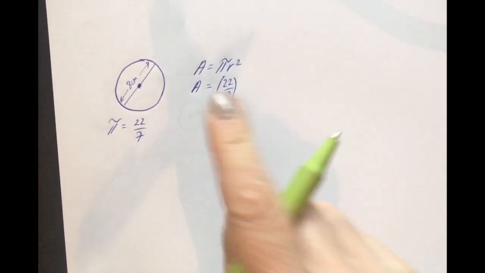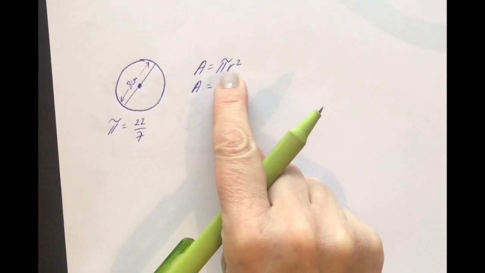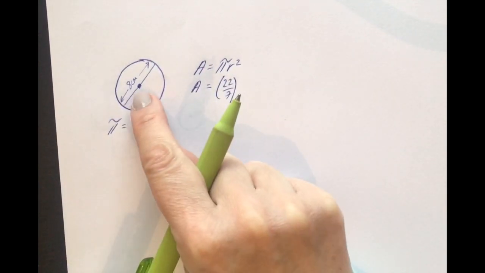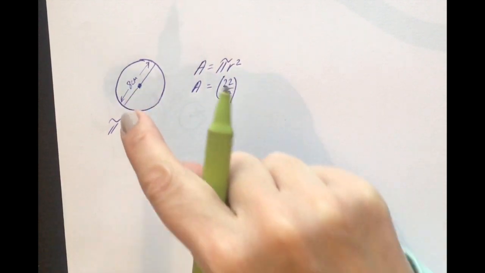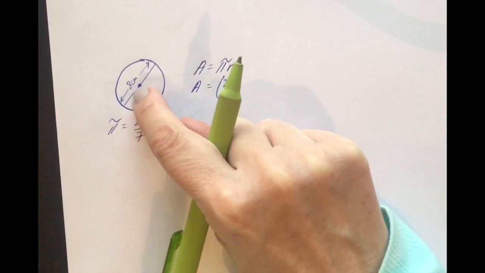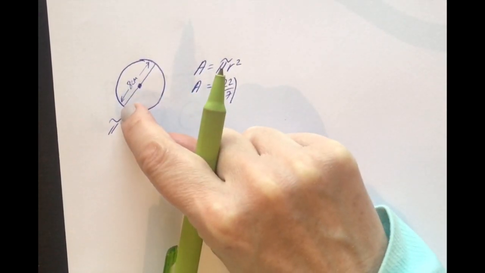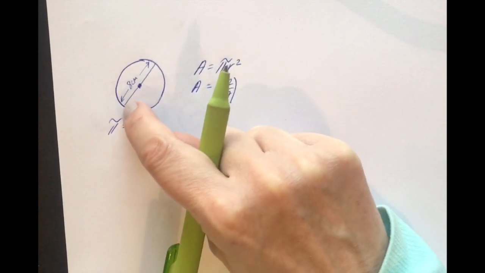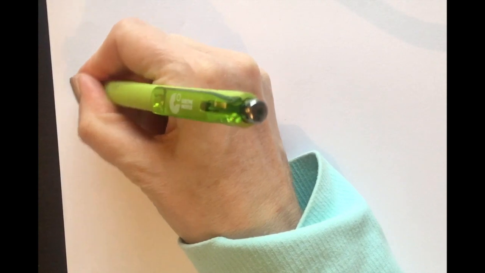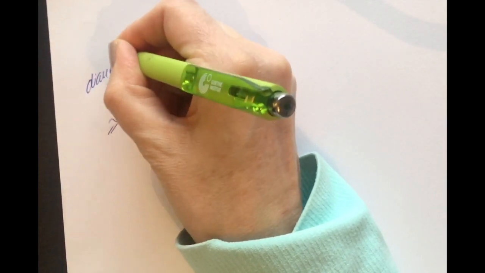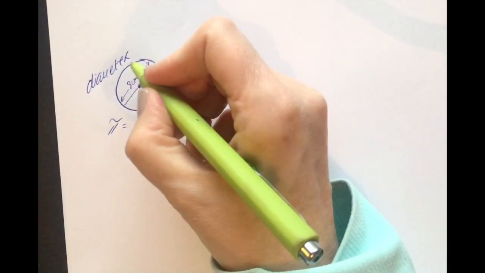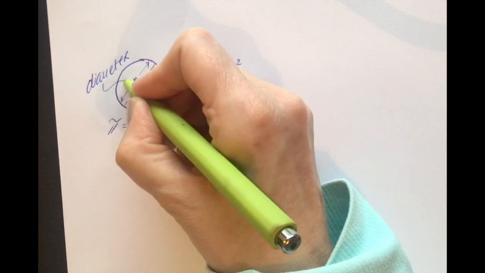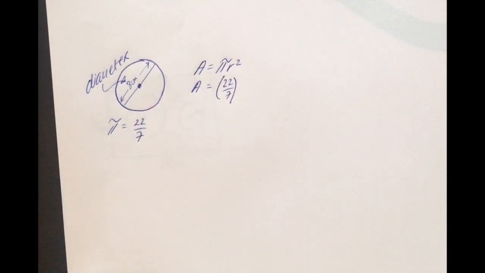The radius, now, this time if you have a look at that circle, I don't have the radius. I have the length of the whole width, the line going from one end of the circumference through the center to the other end, and that is called the diameter. So the diameter is 8 centimeters in this question.